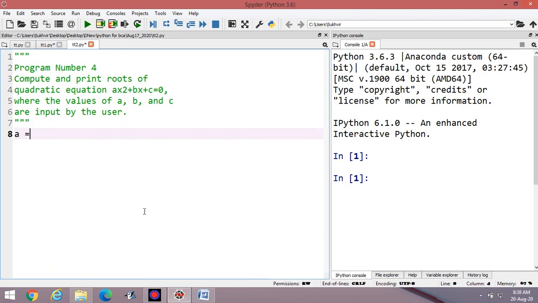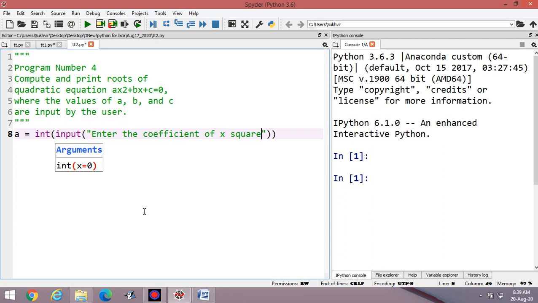In the first step, int input. What's required here? Enter the coefficient of x square. That's the first requirement.